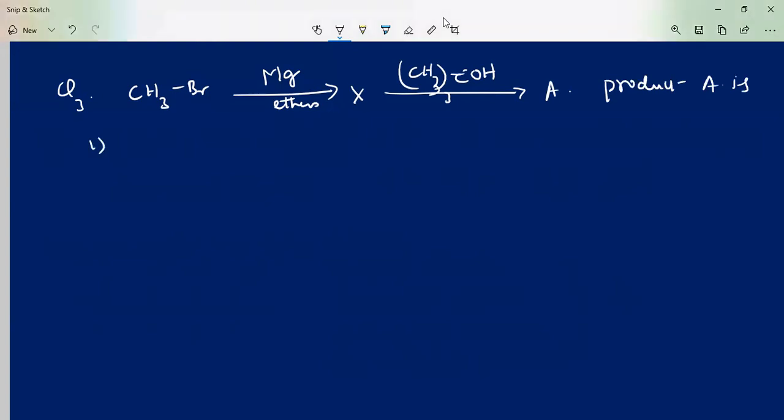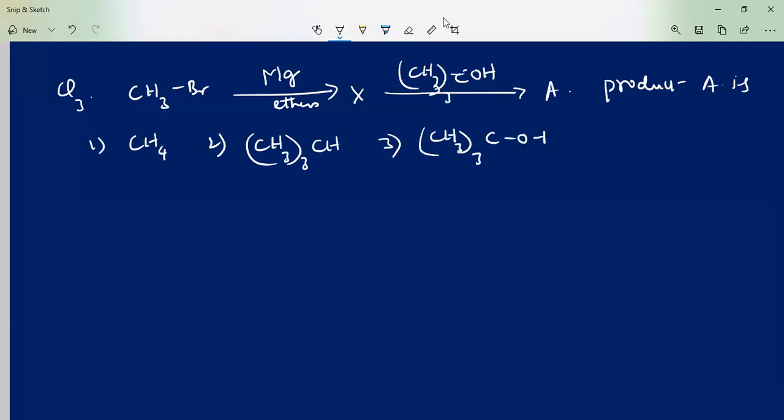We have options: CH4, (CH3)3CH, (CH3)3COBr, and (CH3)3COCH3.